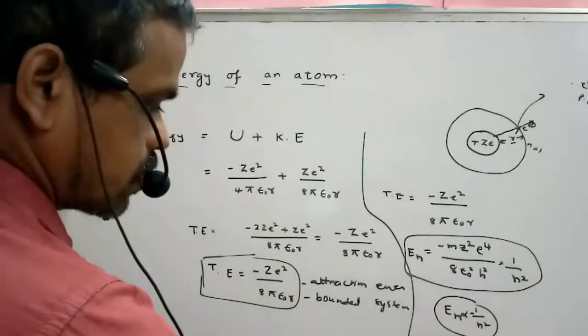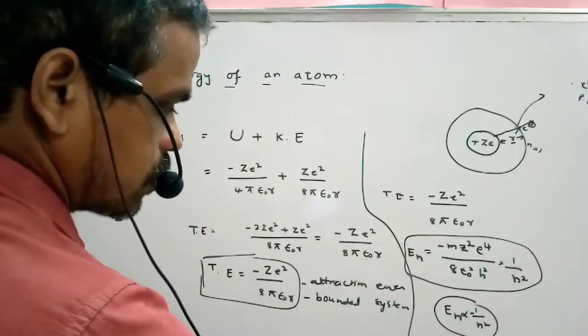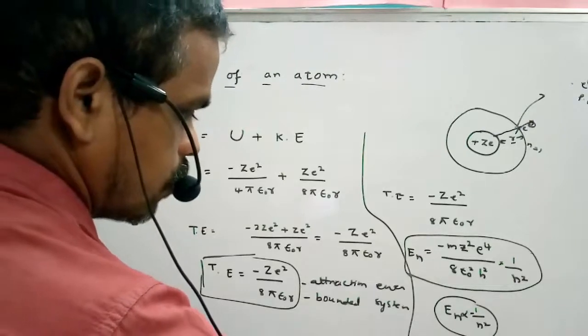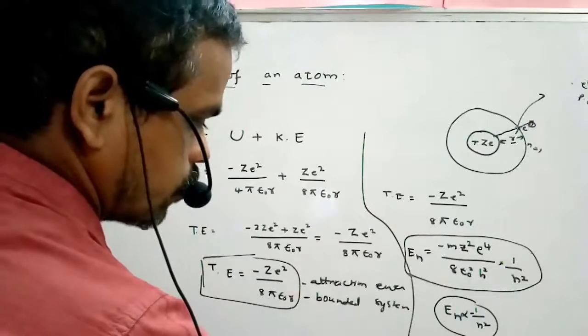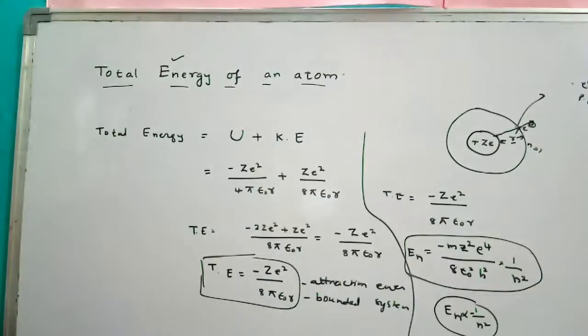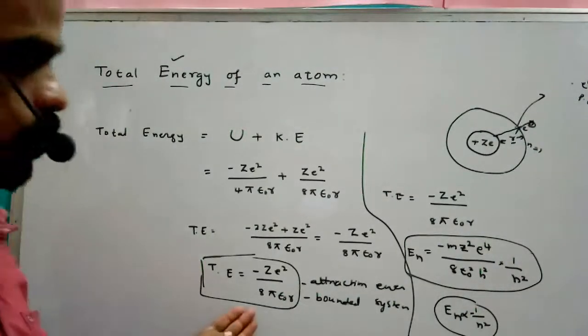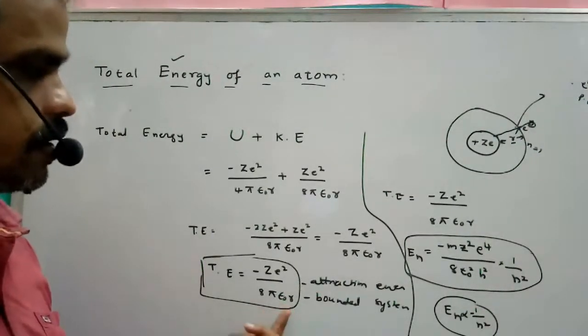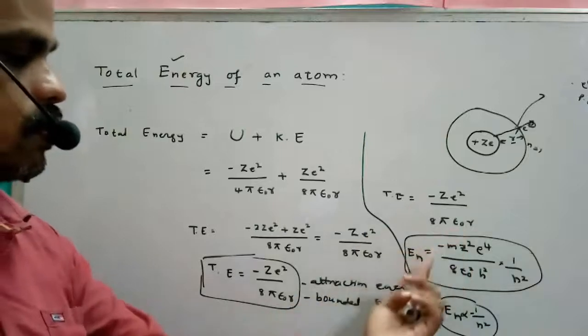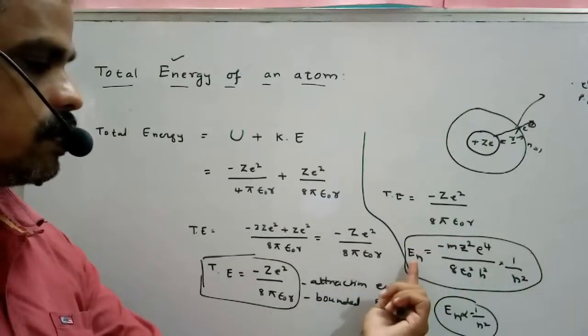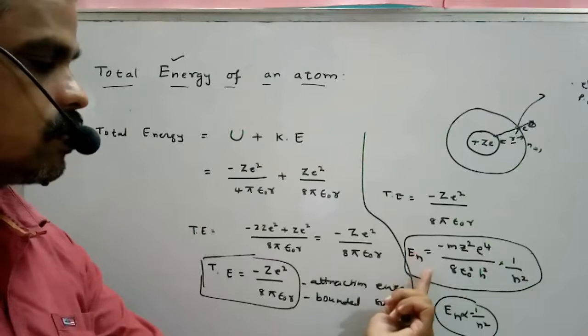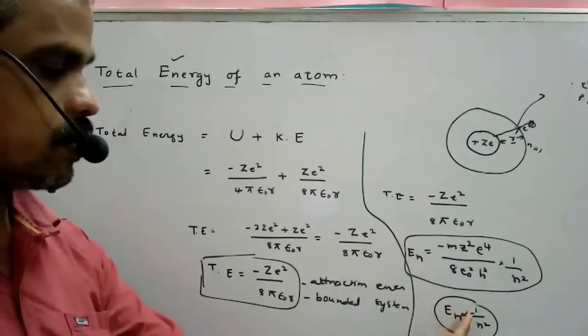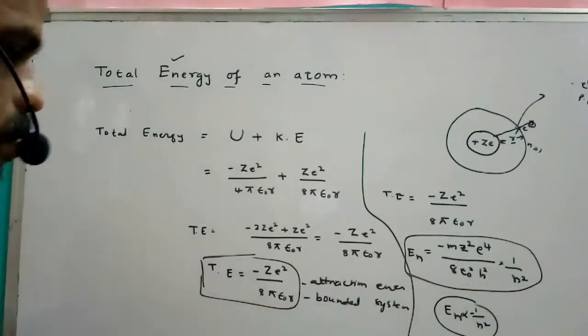So this means quantization of energy. Here we calculated total energy in terms of radius. If you substitute the radius value, we get this relation for energy in nth orbit, proportional to minus 1 by n square.